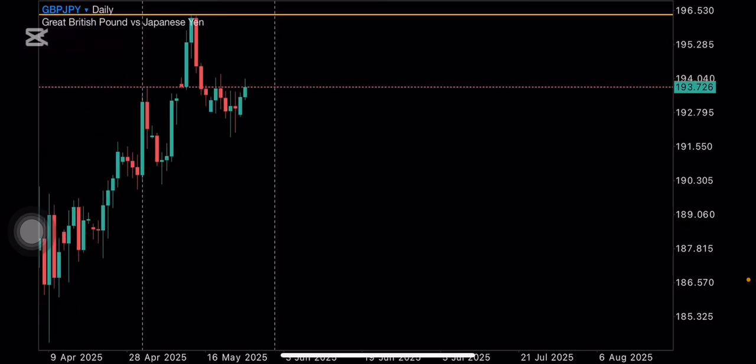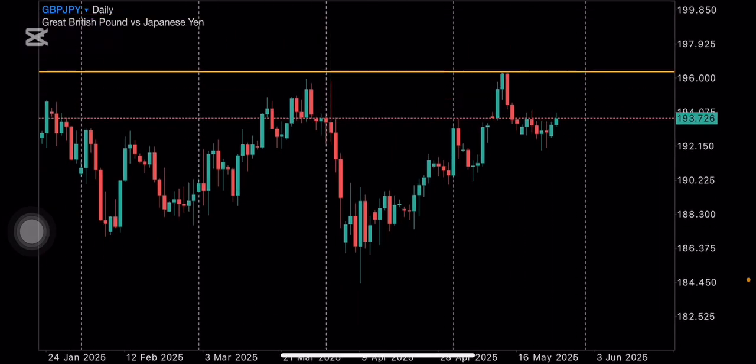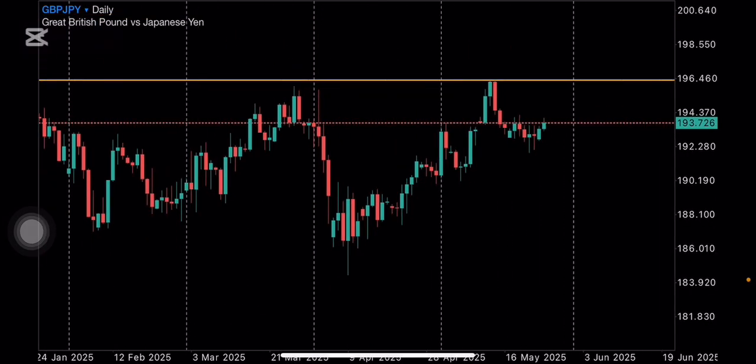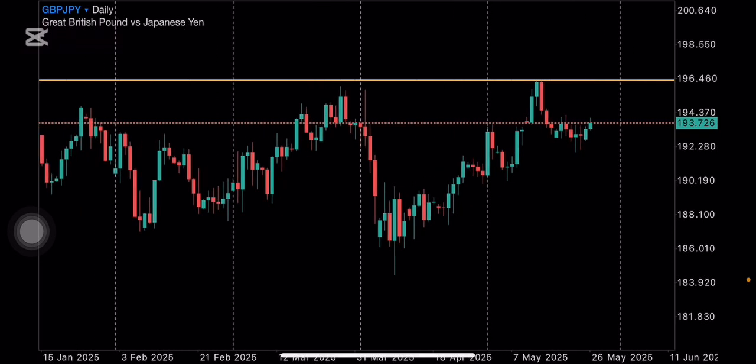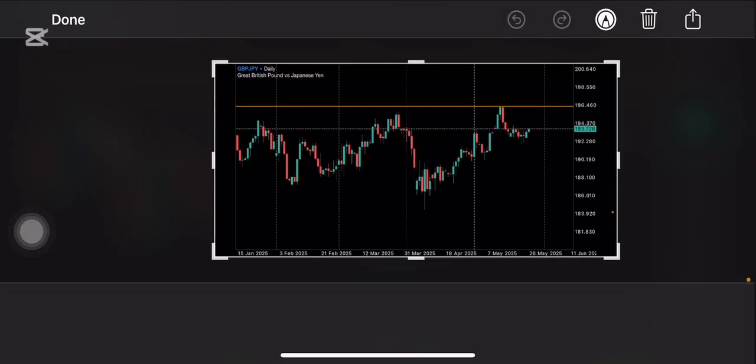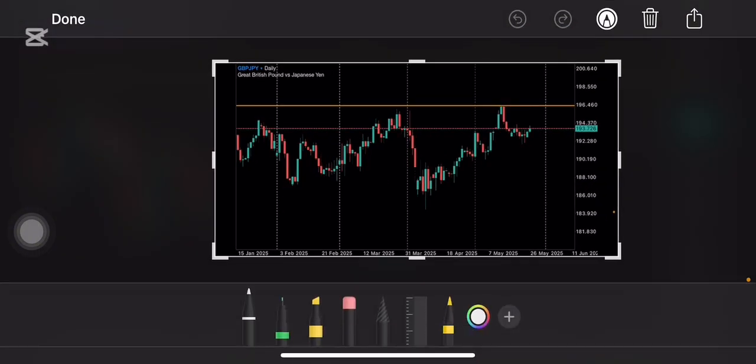This is actually the H4 time frame. I thought it was the daily time frame, but this is the daily time frame right now, where I actually wanted to start from. Usually I start from the daily time frame, and you can see price made this high, and here it has made the higher high.